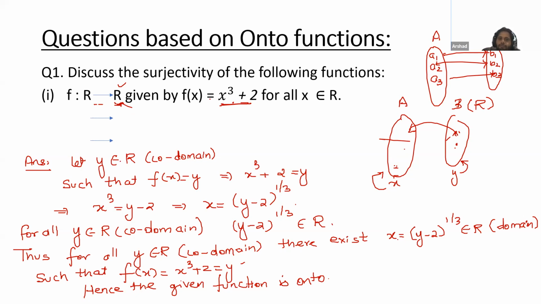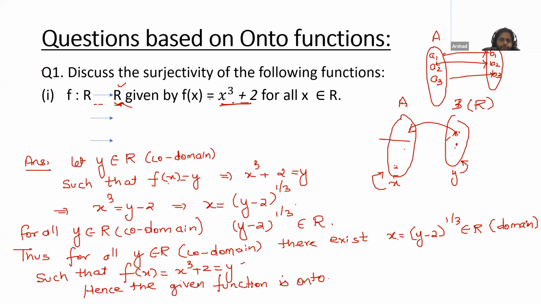So we have assumed let y belongs to R from the second set. Both the sets are same. That's why we need to mention what this R is. This is the codomain. Such that f(x) is equal to y, this you need to put. What is f(x)? x cube plus 2 is equal to y.